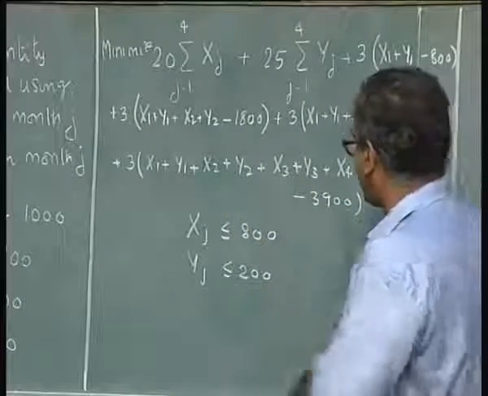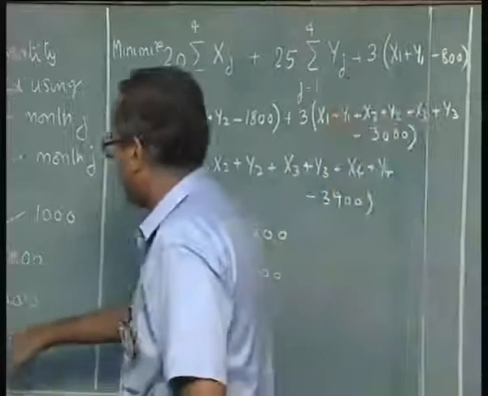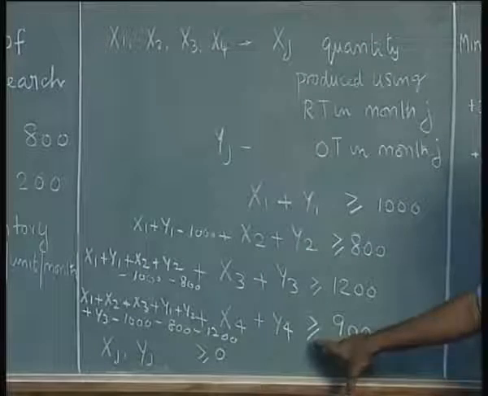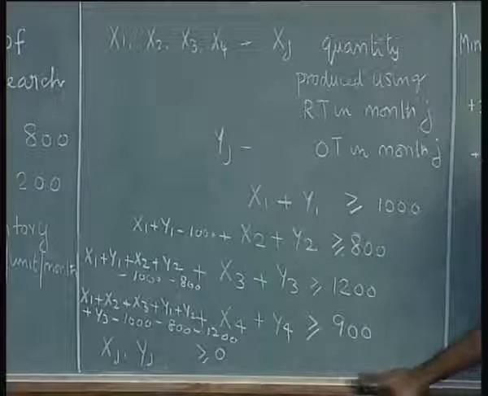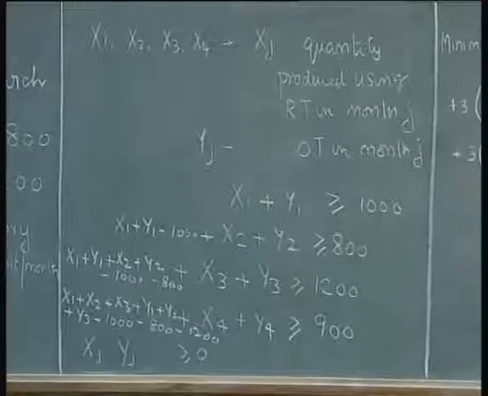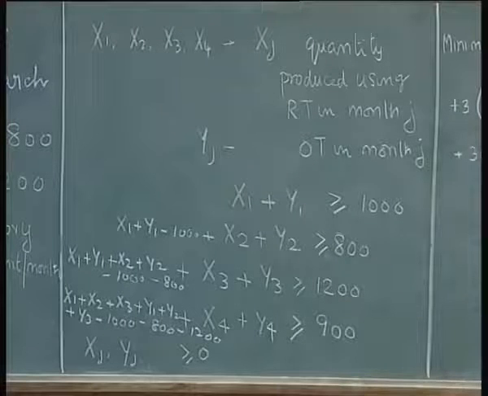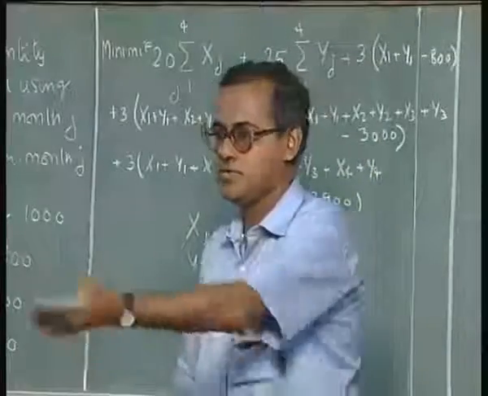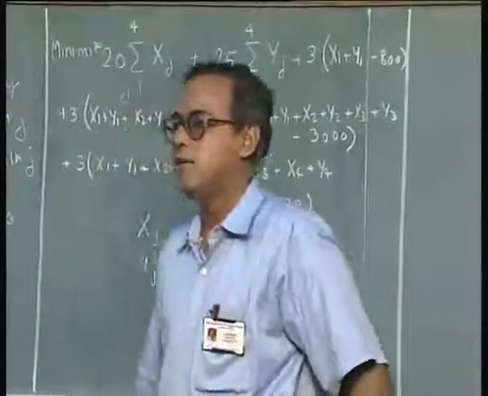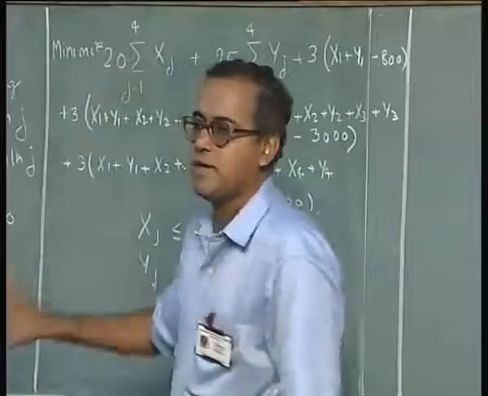Now the only thing we have done is we have added another term into the objective function. We have replaced this equation by an inequality just to be consistent with these 4. So we now have a second formulation for this problem. We can even have a discussion on this 900. We have a second formulation for this problem, which is the same as what we saw as the first formulation. Only difference is, in this formulation we have fewer variables.